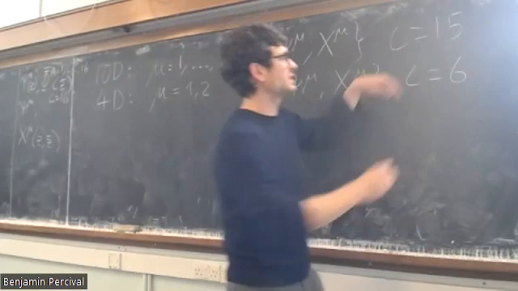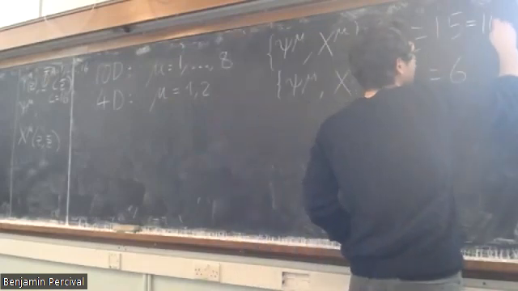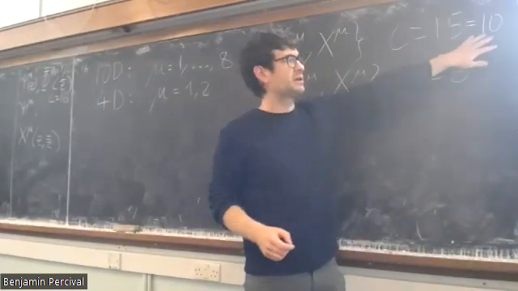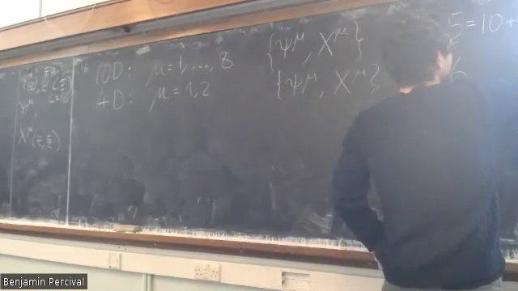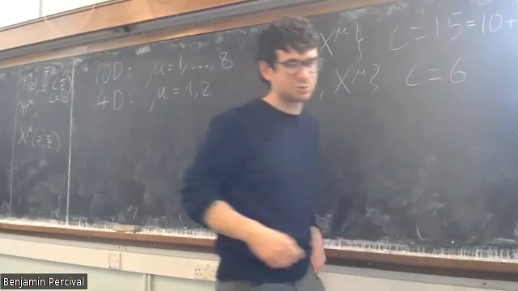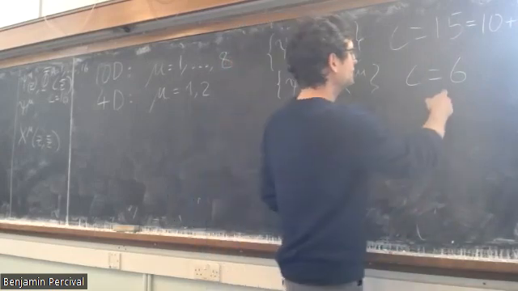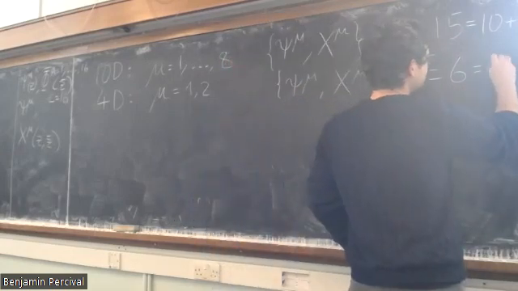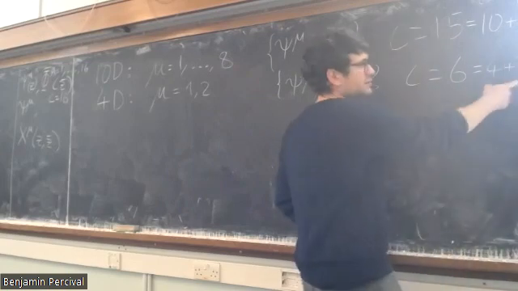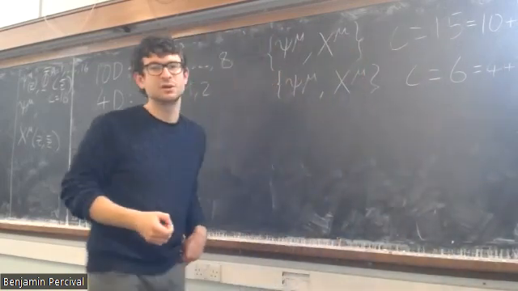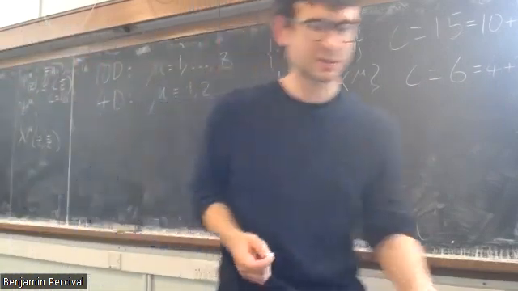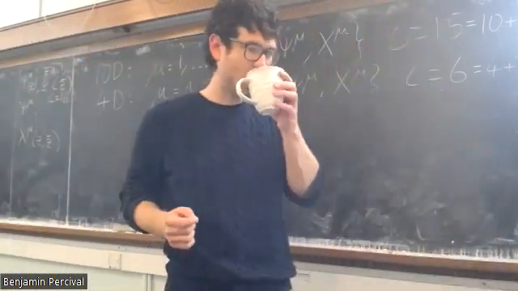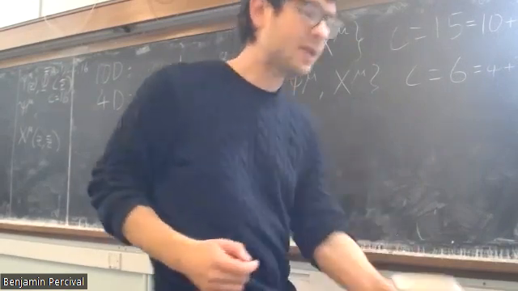The 15 is 10 from the bosons and 5 from the fermions, because fermions contribute a half, and then c equals 6 is 4 plus 2: 4 from the bosons and 2 from the fermions, because the conformal charge is a half for a fermion and 1 for a boson.